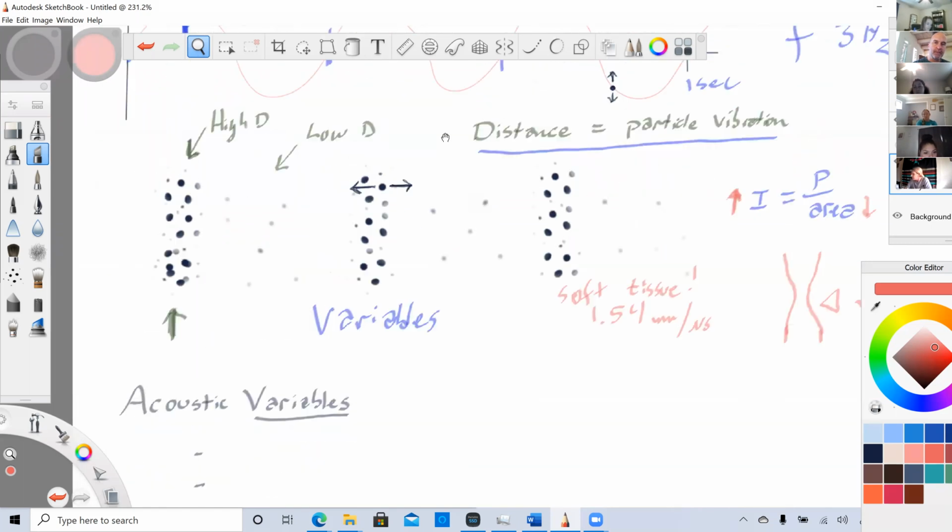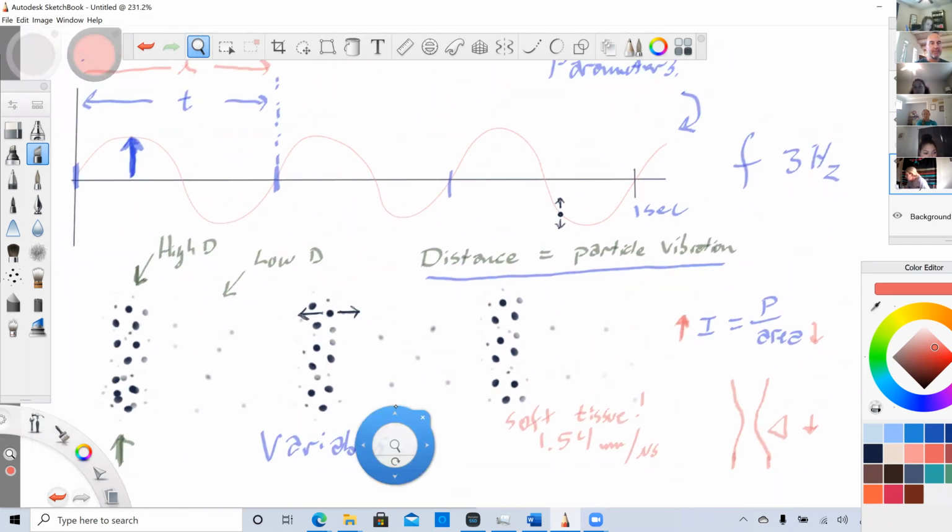Before I go any farther, for each one of these, period, can you adjust it? What creates it? Does the medium create the period? Does the sound source create the period? Same thing with frequency, intensity, power, amplitude, wavelength, frequency, period.